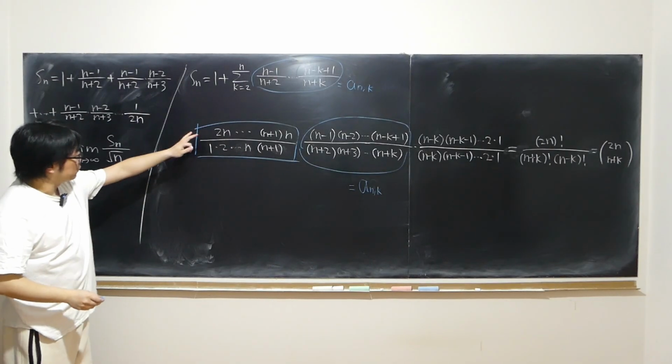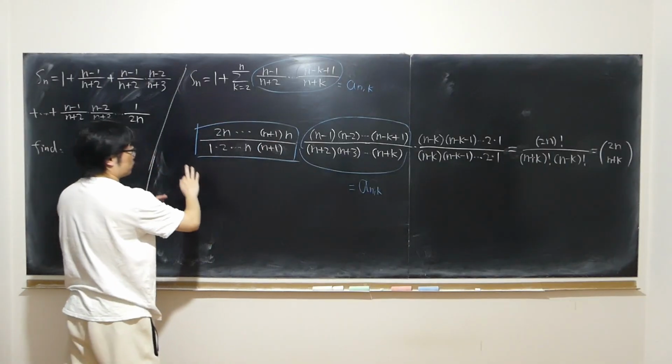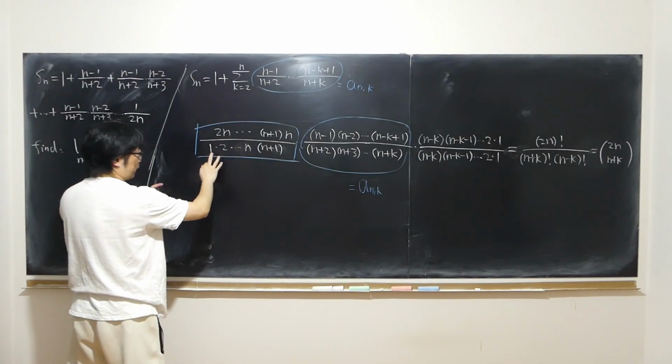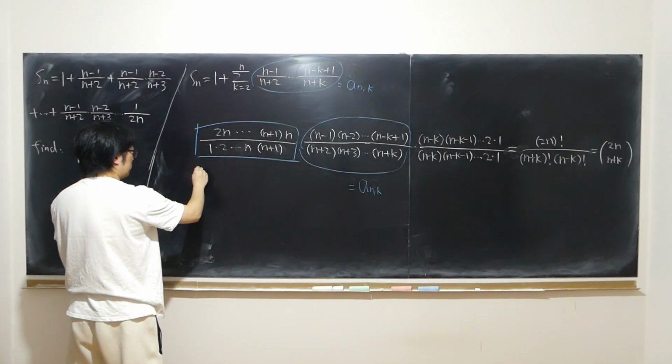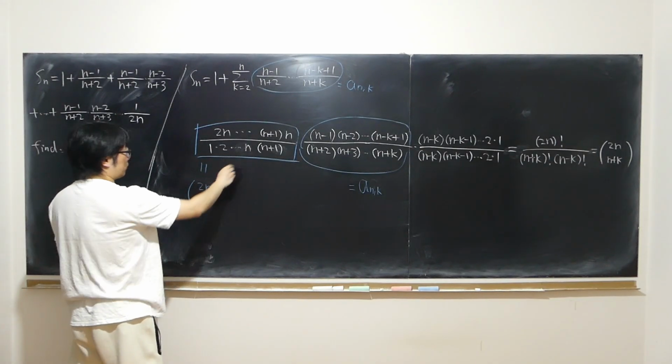You have 2n keeps reducing, you stop at n, you don't go all the way. So the n plus 1 factorial. So this is supposed to be 2n choose n plus 1.